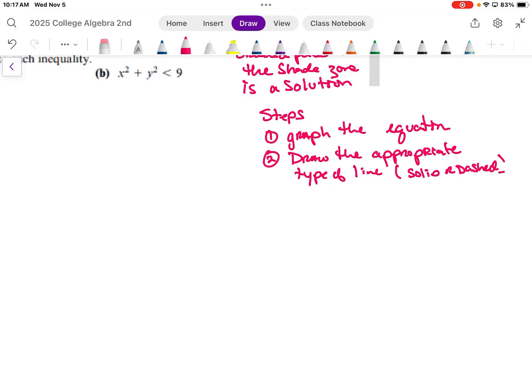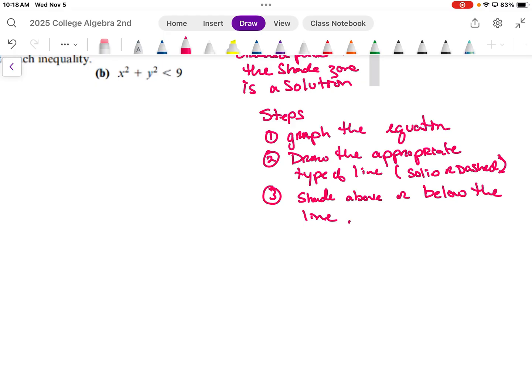And then after that, step number 3, shade above or below the line. Those are three generic steps.